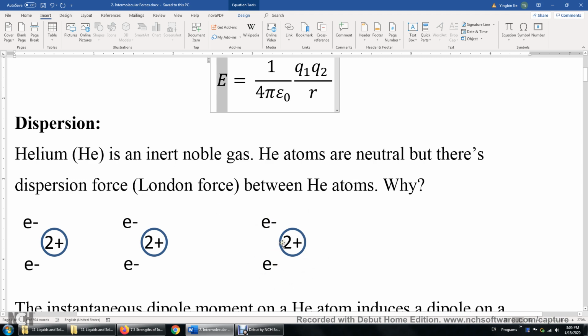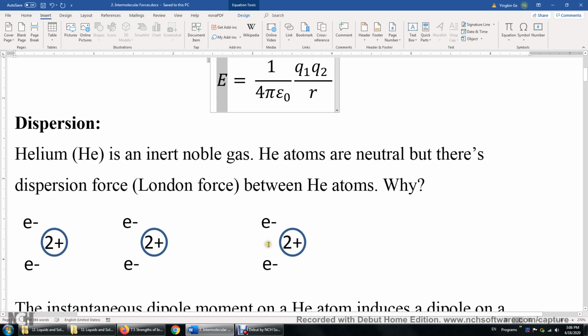And then this creates a non-zero dipole moment on this atom. Look, you have the positive end here. The negative end is somewhere here between the two electrons. So we can draw a dipole moment from the negative center to the positive center.